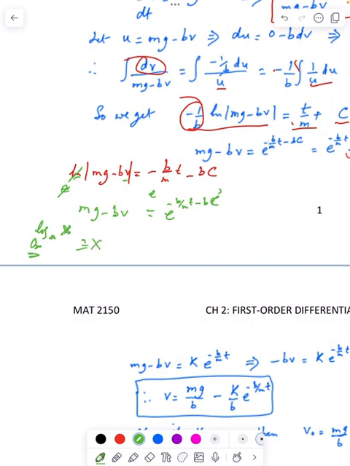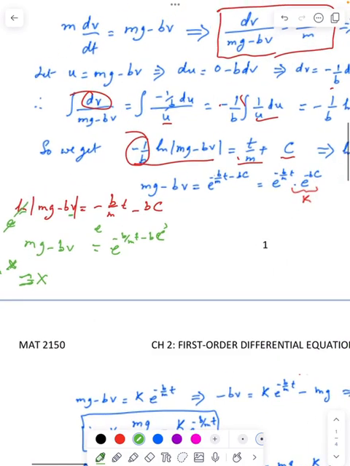So if I have 10 raised to the power log of 5, my answer will be 5. Why? Because the base here is 10. When no base is written, it means base 10. So now this 10 is being raised to log base 10 of a number, so you get back that number.